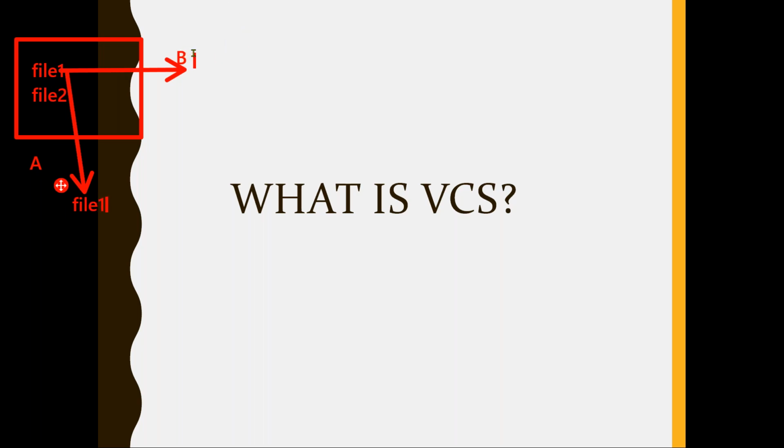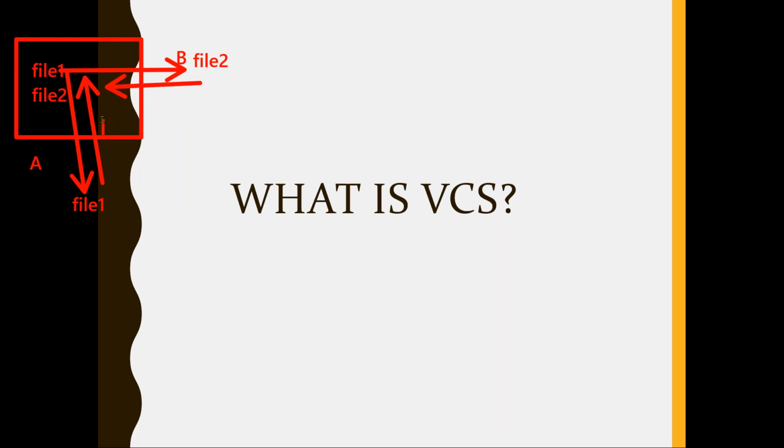Developer A got this file. Similarly, developer B also downloaded this file. Now person A is making changes here, and developer B is also making changes. On day 1, developer A kept this file back on the remote location. Remote location means where everyone can access. Developer B kept this file back on day 2.